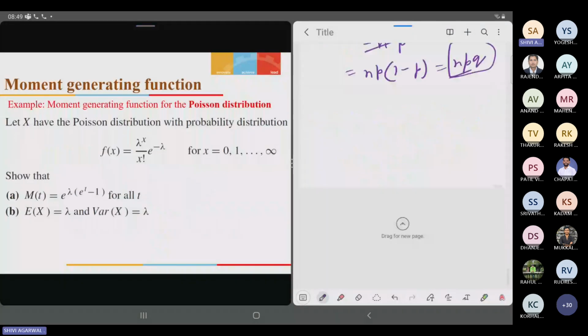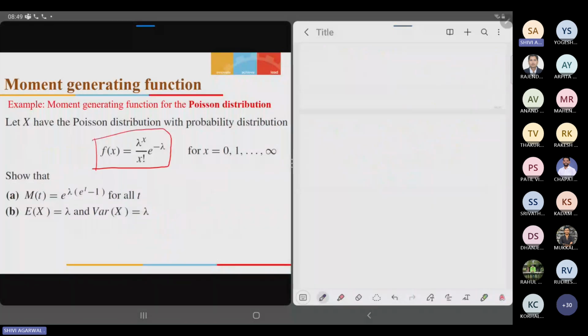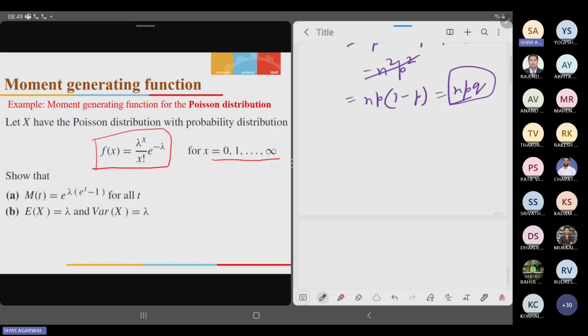Next is the Poisson distribution. If you remember, this is the probability density function for the Poisson distribution, for x equal to 0, 1 to infinity. Now we can find out its moment generating function. It is given, show that; there is no need to define it.